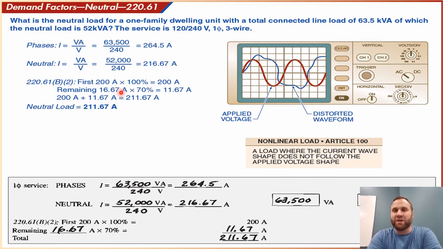That 16.67 amps I can now take at 70%, which means instead of 16.67, it's really 11.67 amps. Then I add those two together. 200 plus 11.67 leaves me with a total of 211.67 amps. That is my permissible demand allowed by Section 220.61.